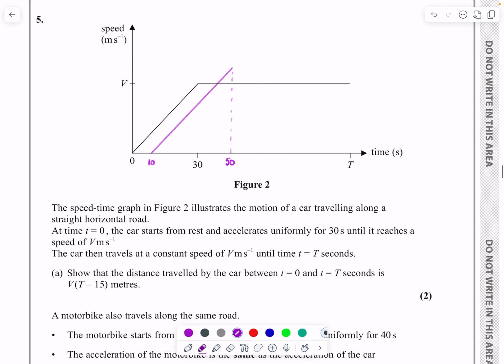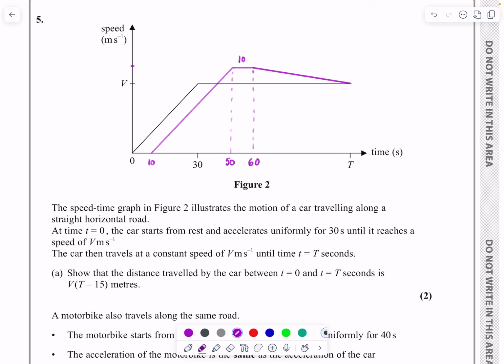Once we've got that, then it travels at a constant speed for 10 seconds. That might be a little bit too long actually for 10 seconds. So let's say 10 seconds there, and then it decelerates, and it decelerates till the point, I'm going to put this dotted line in here as well, where the speed is back at v again, so that's going to be 60 seconds on there, and I don't know what this new speed is.